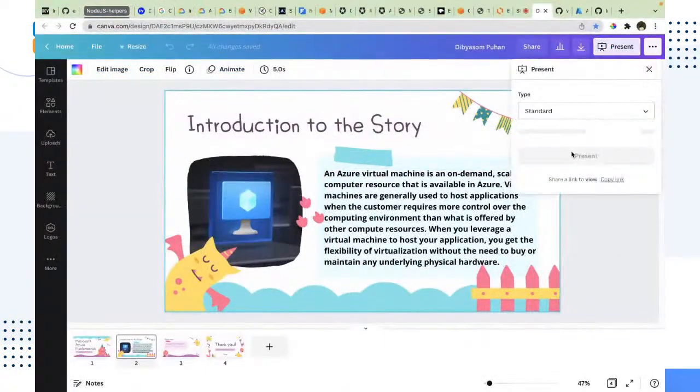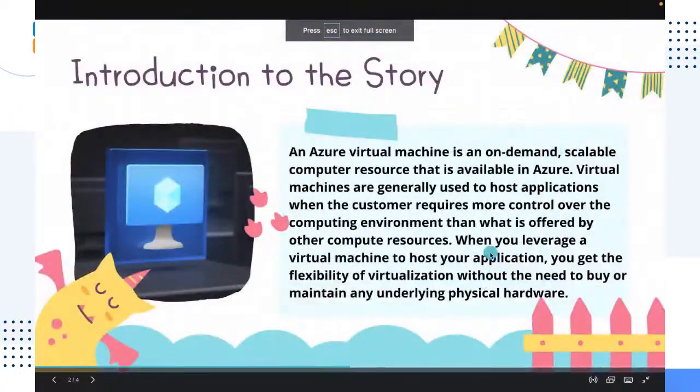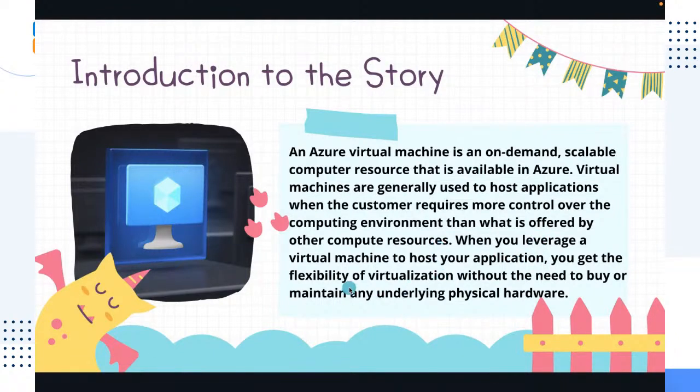So more or less that is what was present here about virtual machine. With a virtual machine you get the flexibility of virtualization without the need to buy or maintain any underlying physical hardware, and that is what we already discussed. You don't need to worry about purchasing new resources, maintaining them, or updating them in future. By resources I mean the amount of RAM, the amount of storage, and the kind of processor your system is running, i3, i5, i7, Xeon, anything.